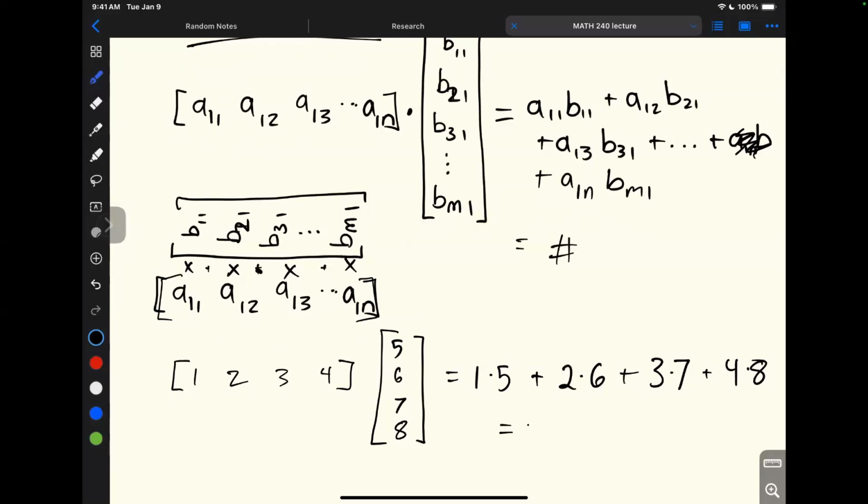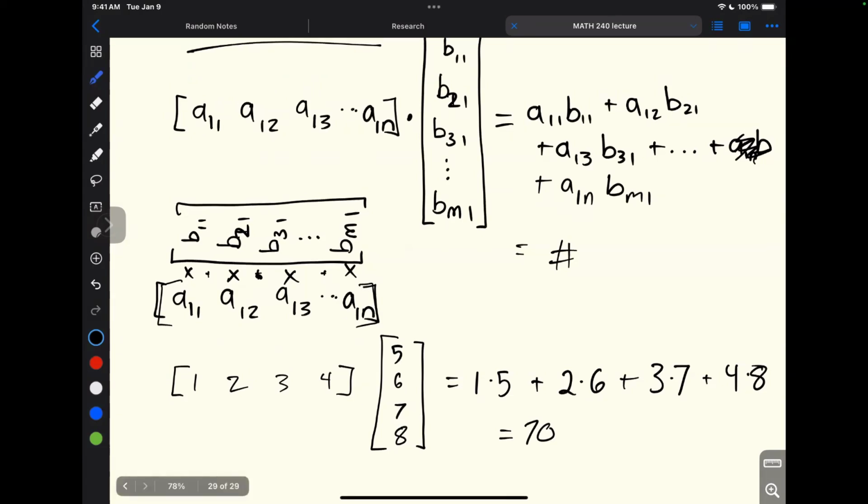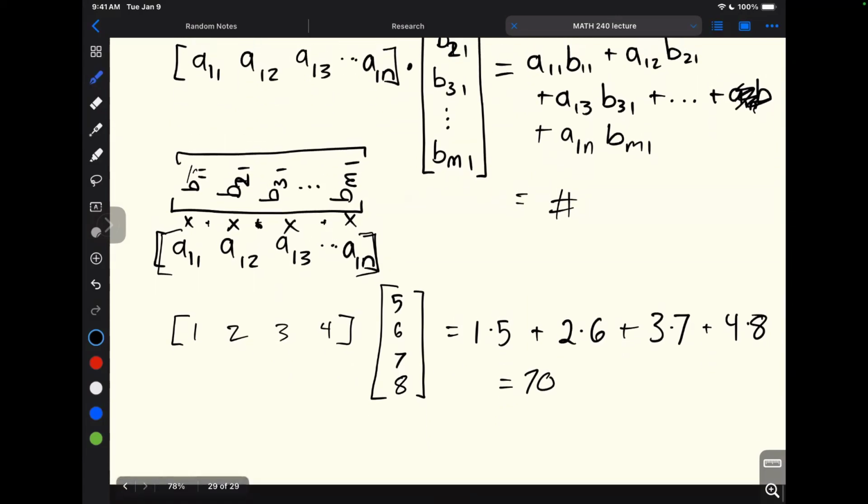And I did this on my calculator beforehand, and this should give us 70. Is that part clear? So we take B, flip it on its side, multiply the vertical part, then add all those multiplications together. That gives us the inner product. Okay, we need to know that in order to be able to multiply matrices together.